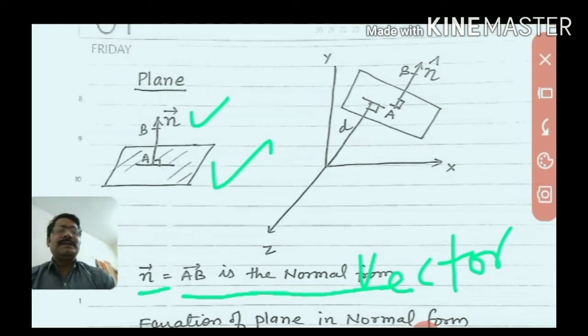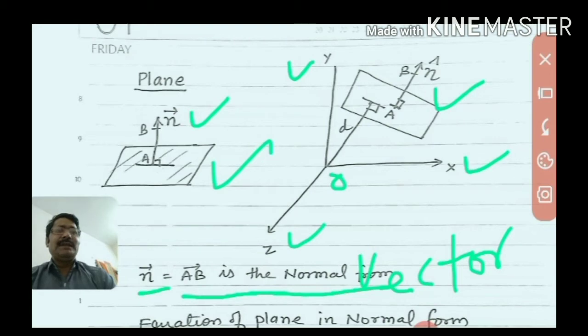Now look here, this we will understand in 3D space. So here this is the x-axis, this is the y-axis, and the z-axis. Look here, x, y, z-axis you know already. This is the origin, and this plane I put here in the space.